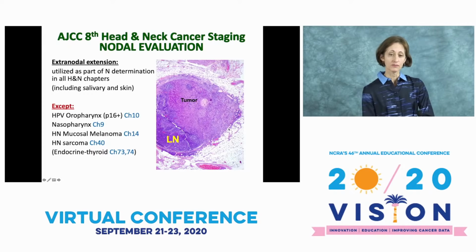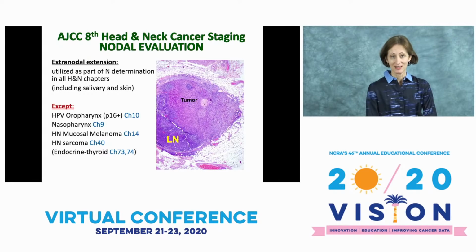Now, this determination has been added to the majority of the head and neck chapters, except the ones that are viral associated, so our HPV oropharynx, nasopharynx, which is associated with EBV, and then a few unusual tumor types, which are the mucosal melanoma, sarcoma, and thyroid, which do not use the ENE as part of the end determination.